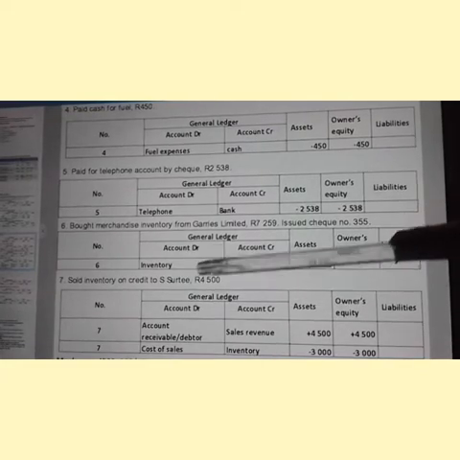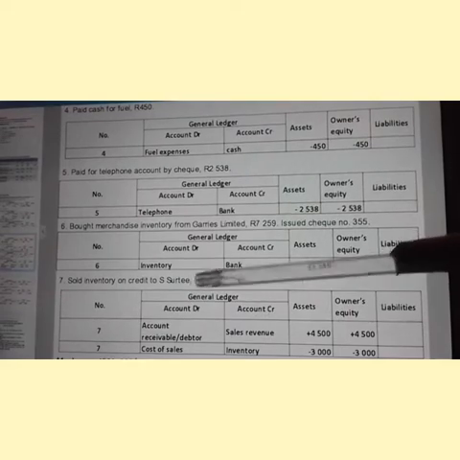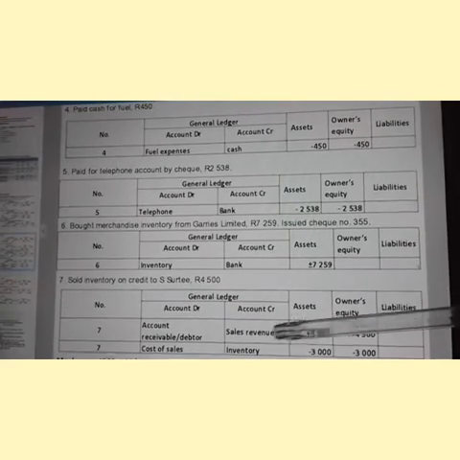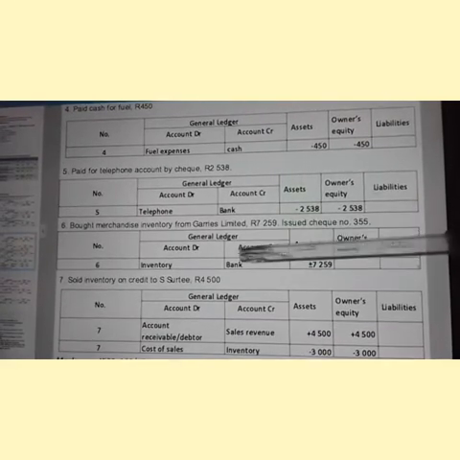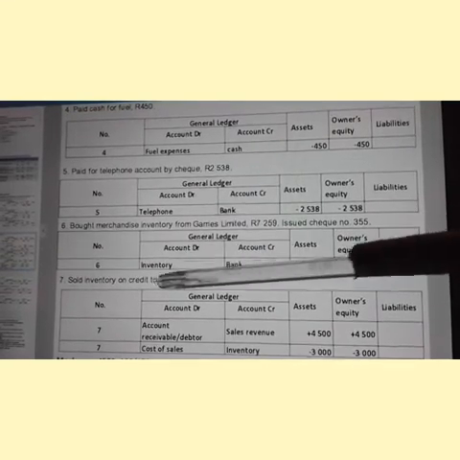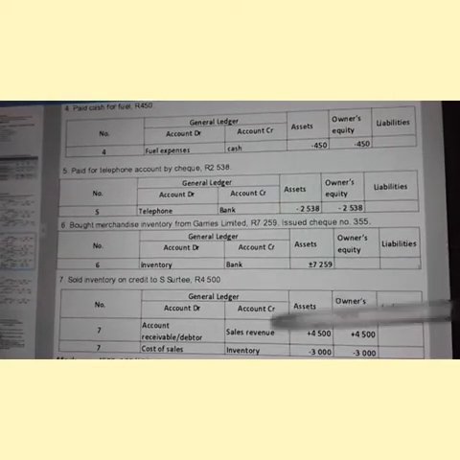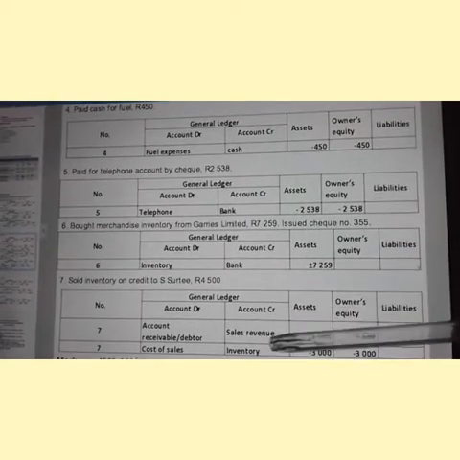And debtor is an asset. So we debit the debtors account, we debit S. Salty account, and we credit the sales revenue account. Sales revenue is a type of income that we make from sales. It doesn't matter whether it's credit sales or cash sales. So this time we made it from credit sales, and so we credit the sales revenue account.